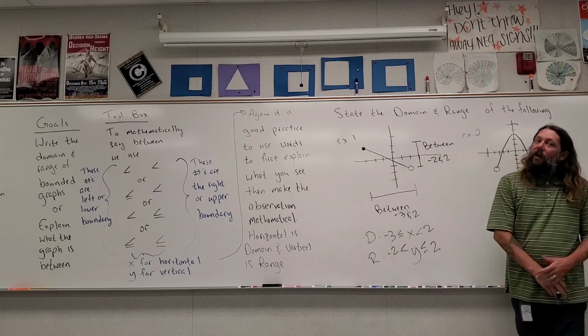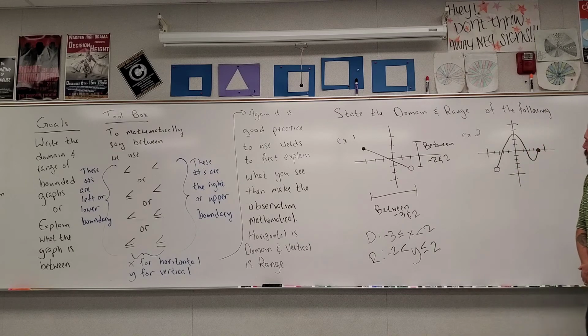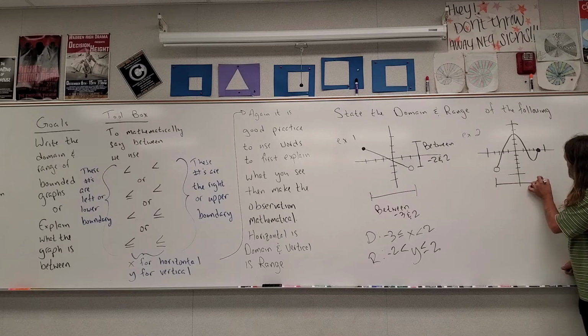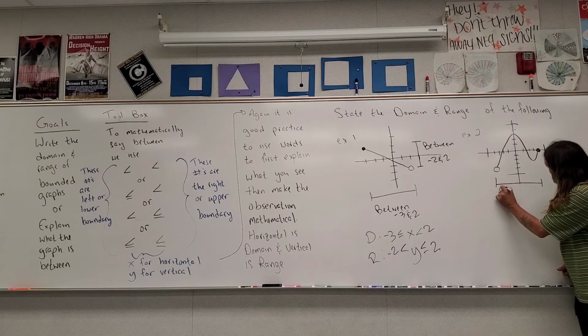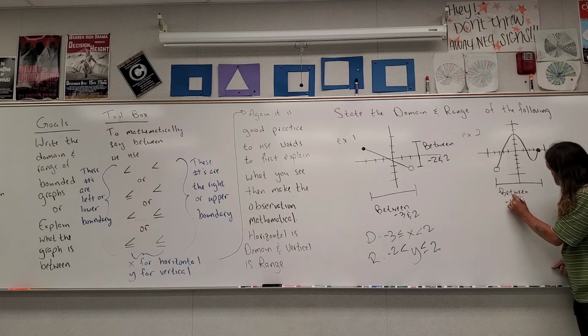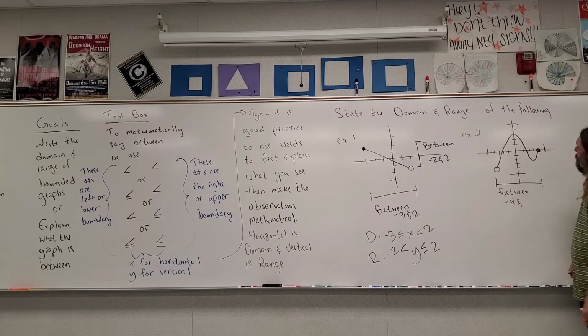for example 1. Why don't you try and put in words what you see for example 2? I hope that you hit pause and give it a shot. I hope that you've done it. And let's go ahead and give this a shot. Okay, so horizontally, to me it looks like the graph goes like this. And the graph horizontally looks to be between -4 and +4.